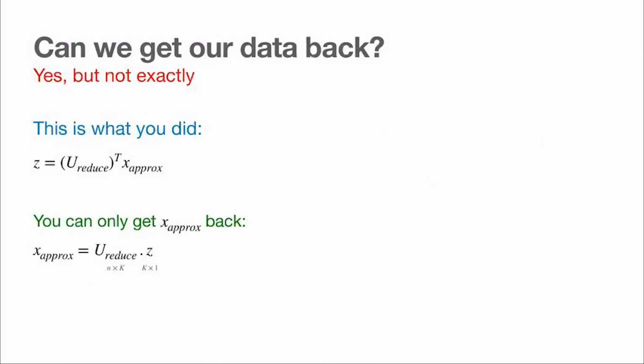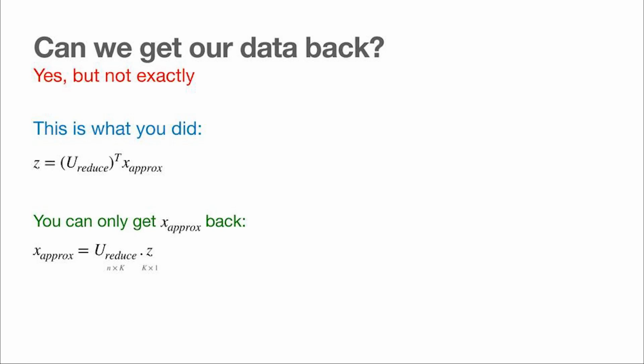Now you might be wondering: you had n-dimensional features, you implemented PCA, and you got new k-dimensional features. Is there any way that you can go back? Is there any way that you can generate your previous n-dimensional features from these k-dimensional features?